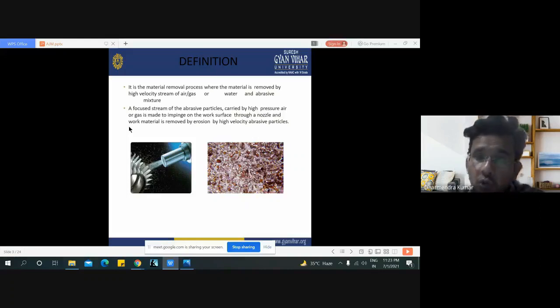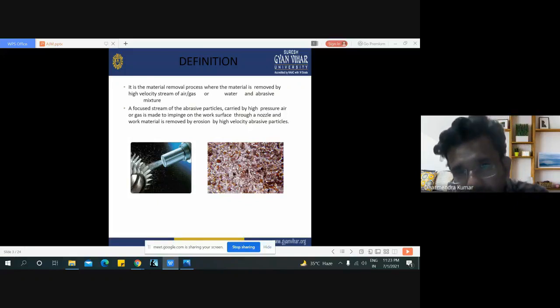Here we use a nozzle to direct high velocity air onto the workpiece, and the extra material is removed by mechanical erosion by the high velocity abrasive particles. Here are some pictures of abrasive jet machining. This one represents the particles which are removed from our workpiece.